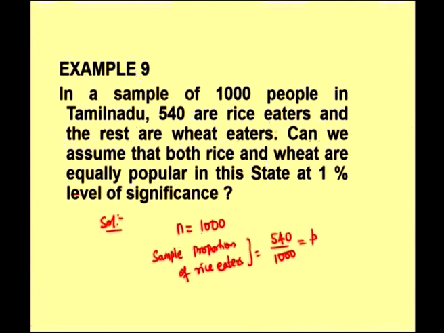Okay. So, small p is equal to 540 divided by 1000, which is equal to 0.54. Therefore, small q will be equal to 1 minus p, 1 minus 0.54, which is equal to 0.46.